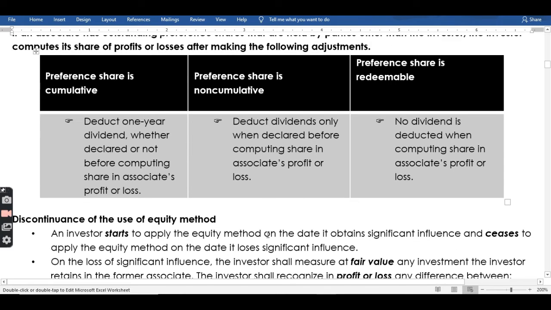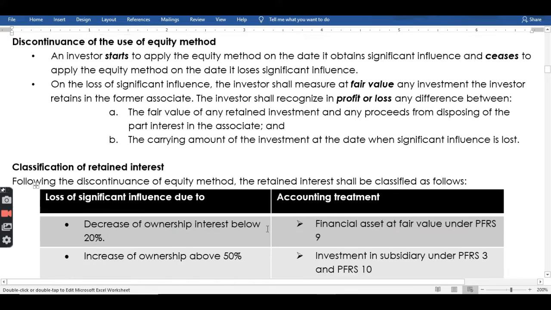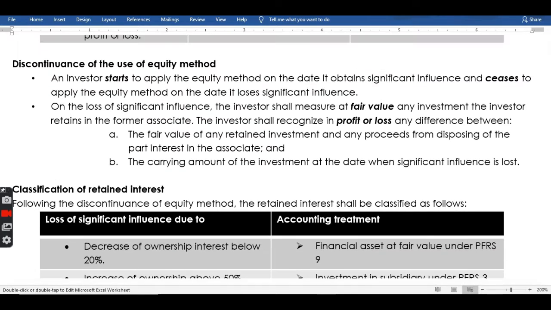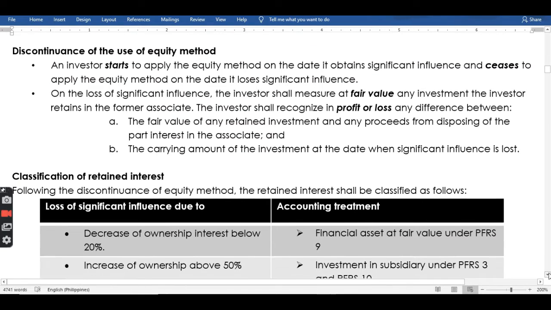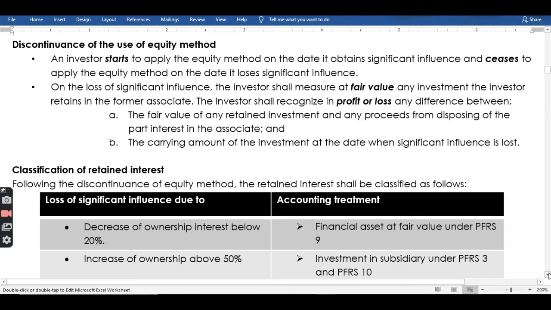Okay? Ayan. Next. So next concern naman natin is yung discontinuance of your equity method. Okay? So kailan tayo magkakaroon ng discontinuance of your equity method? Okay? So basically, dalawa lang yan. Okay? Yung either pag nag-increase yung ating ownership or number 2, pag nag-decrease yung ating ownership. Okay?